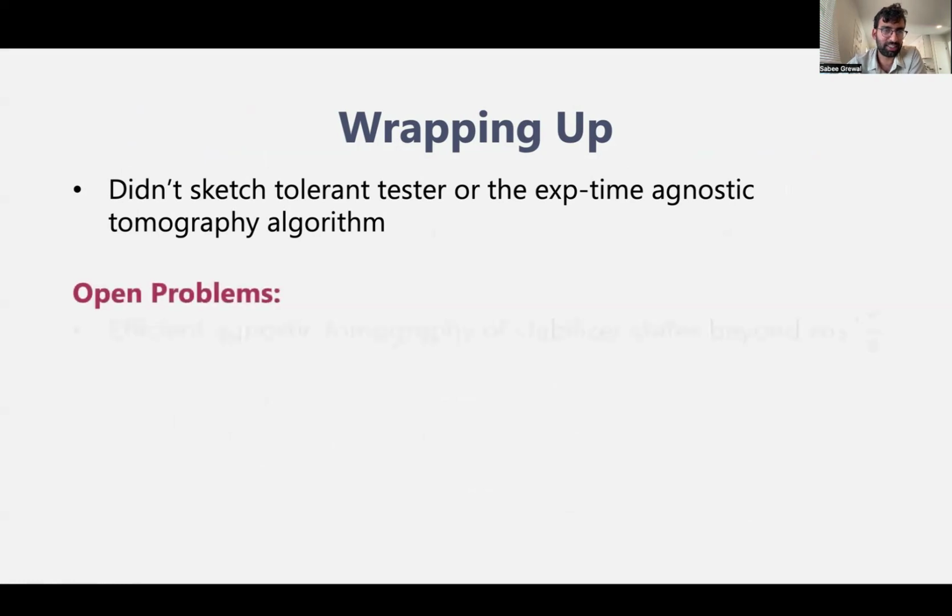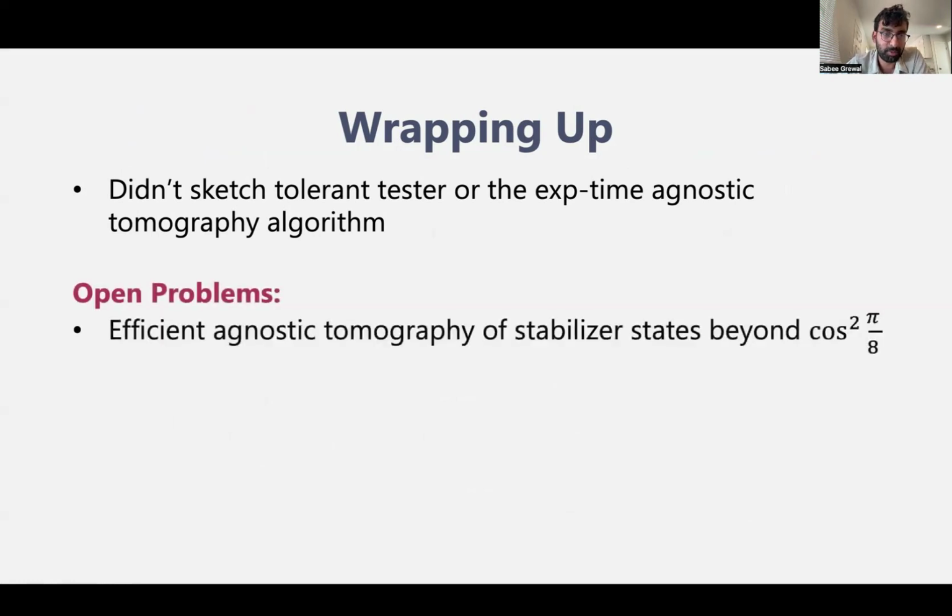I want to conclude with some open problems. The first thing is giving an efficient agnostic tomography algorithm for stabilizer states beyond this cosine squared pi over 8 limit, or proving that this is where the limit is. Second, give a tolerant tester with better regimes. Again, ours only works for very particular constants, so improving that would be interesting.